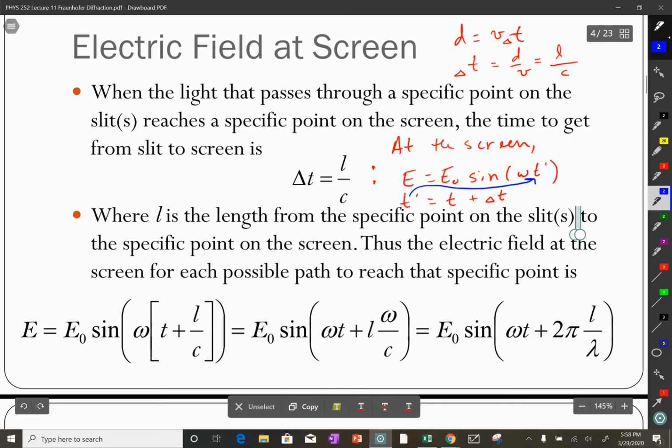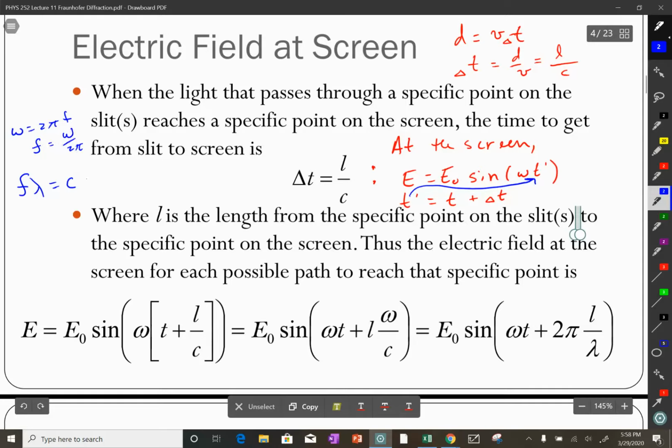But now we just have to remember some fundamental physics. We know that frequency times wavelength is equal to the speed, in this case, the speed of light. And of course, omega is equal to 2 pi f. So if I solve that for frequency, frequency is equal to omega divided by 2 pi.